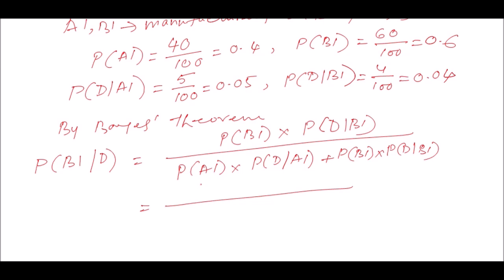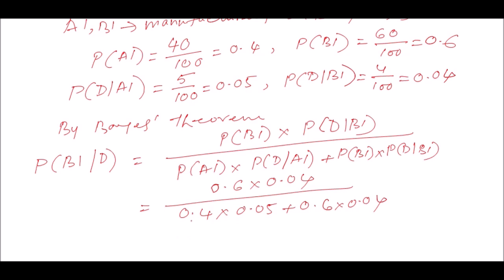It is 0.6 multiplied by 0.04, and here it is 0.4 multiplied by 0.05. Then 0.6 multiplied by 0.04.